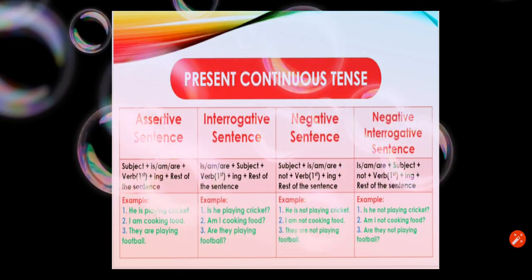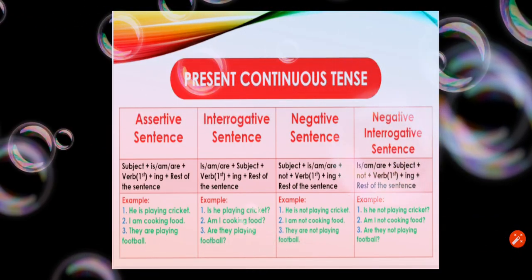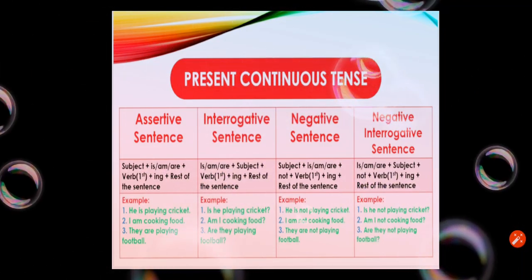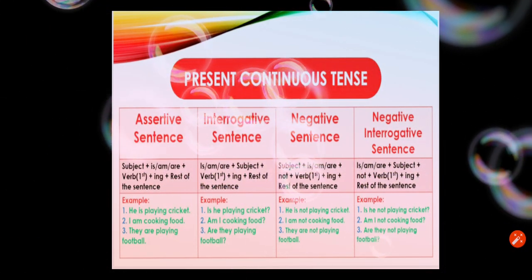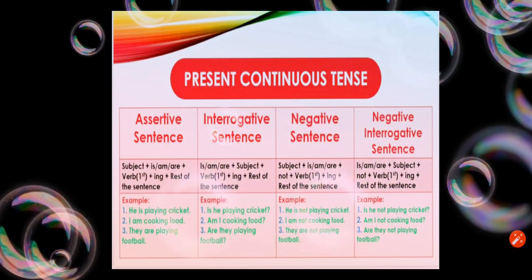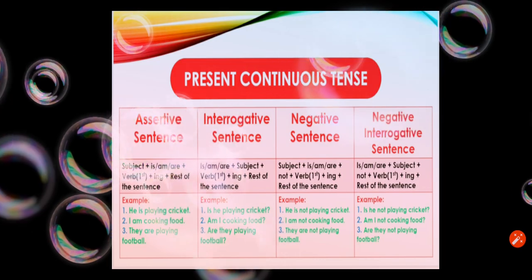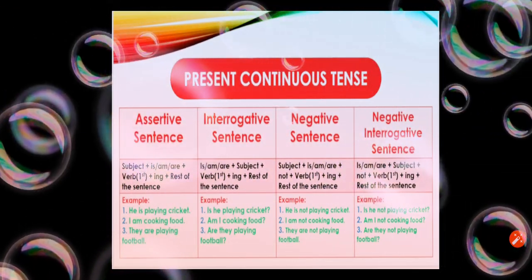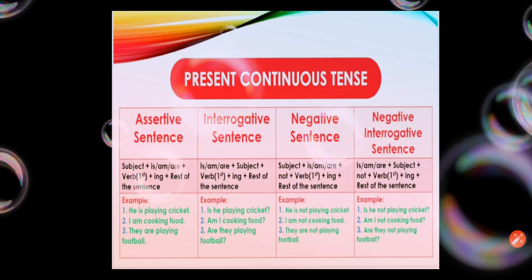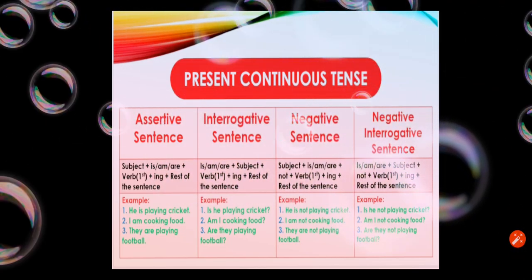Here is, am and are are helping verbs; playing, cooking and playing are the verb's first form with ing. Cricket, food, football are the objects, and he, I and they are subjects. We put our helping verb according to the subject. If our subject is singular, we put is. If our subject is plural, we put are, and with I we put am.